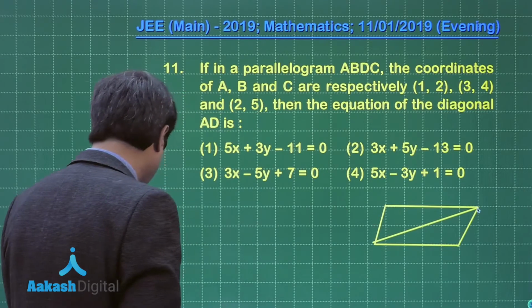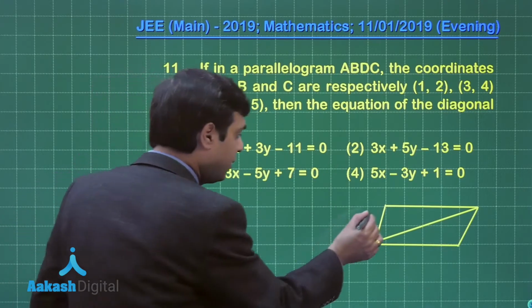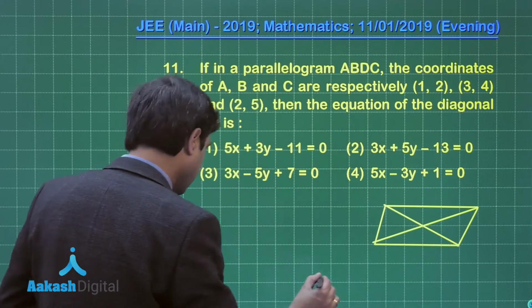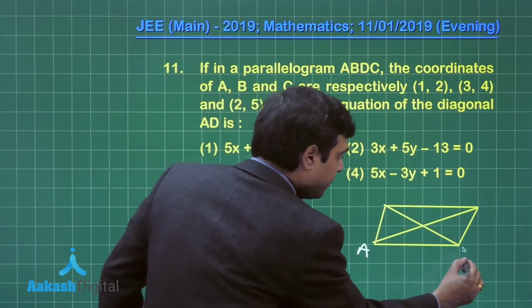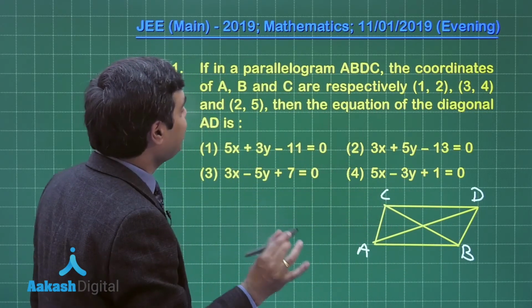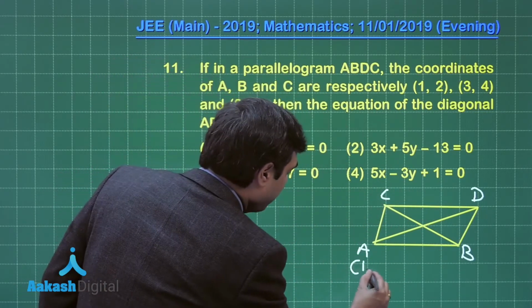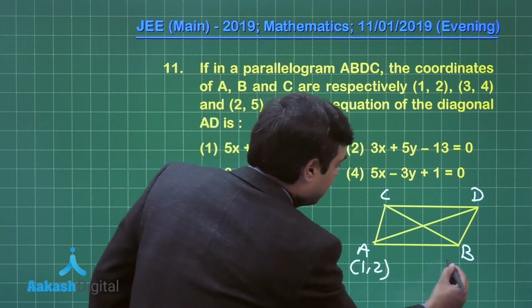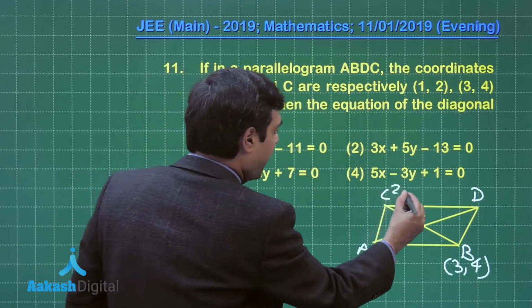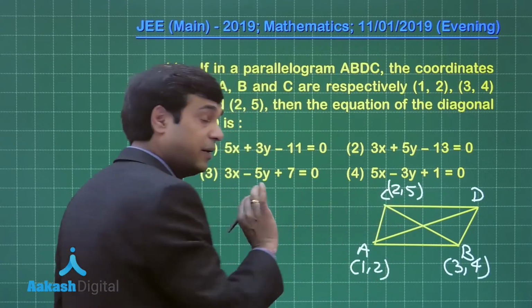Now, what the question is talking about, we can also draw the other diagonal so that we can talk about the midpoint. It is A, B, D, C. A, B, C are given as (1, 2), (3, 4) and (2, 5) respectively, correct.